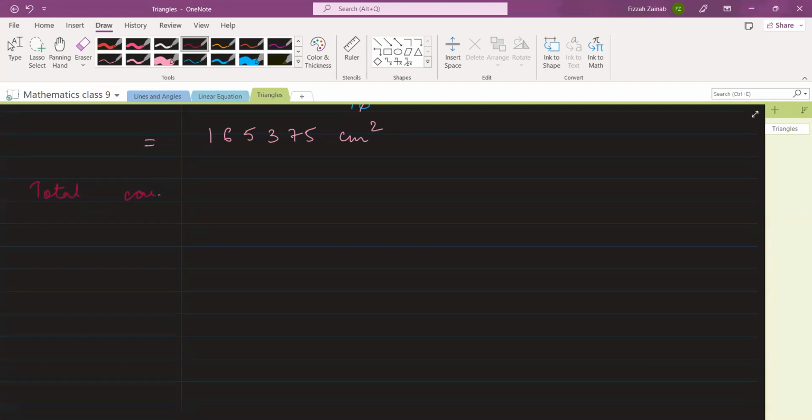Total cardboard sheet required means area of 250 big boxes plus area of 250 small boxes, right?